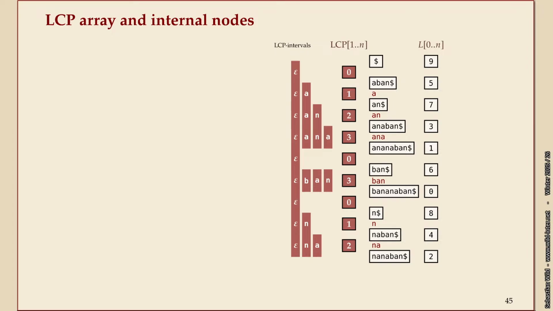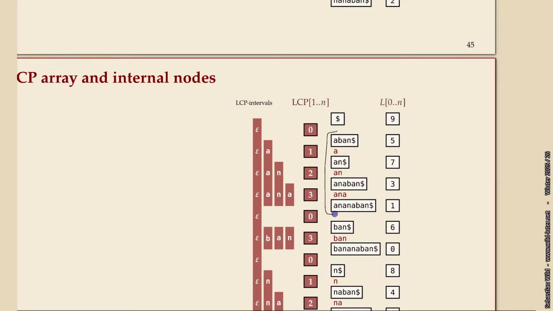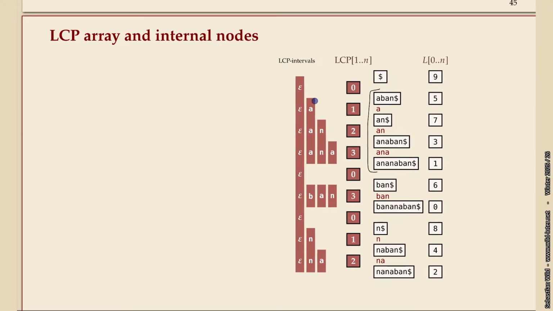Now, from this array, you can say there's a certain range. Everyone shares the empty word as a common prefix. Some ranges, say this range, also share the A as a common prefix. And then there's a sub-range here that also shares A and N as a common prefix, and so on.